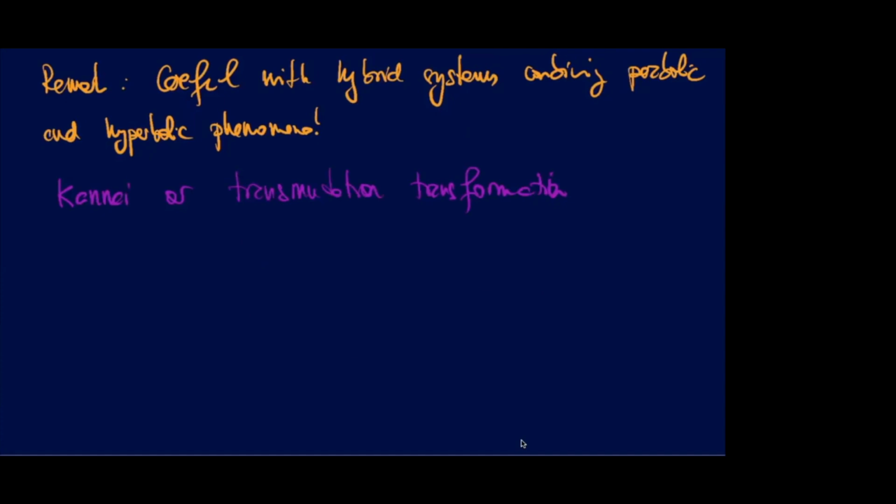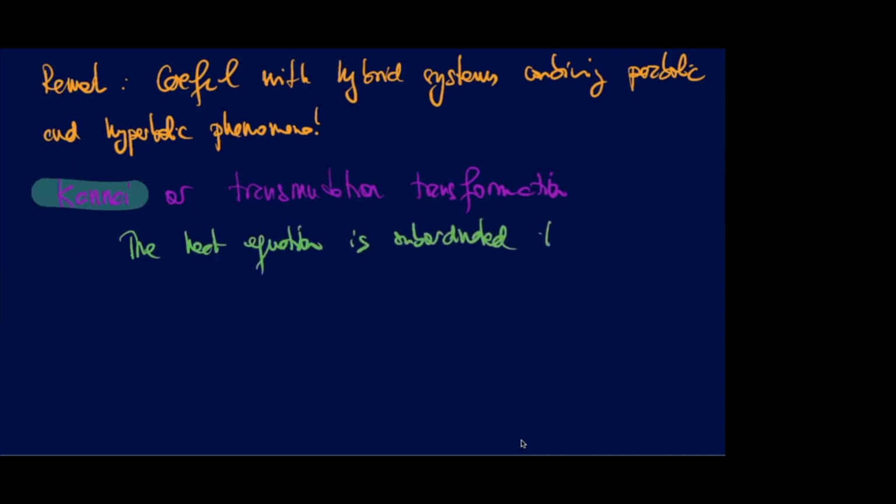This has been very much used in mathematical physics. It is that the heat equation is subordinated to the wave equation. So what I claim is that the heat equation is subordinated to the wave equation.